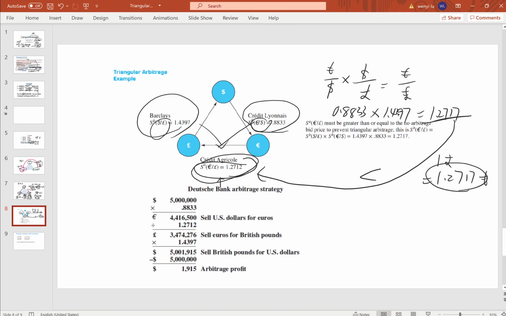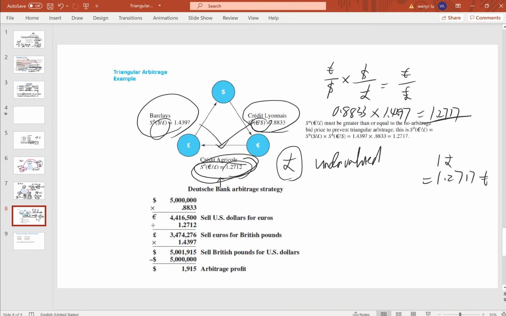What does that mean? It means our pound is undervalued. If it's fairly valued, it should have 1.2717 euros, but here it is less. So our pound is undervalued. Which one is overvalued? Accordingly, one is undervalued, the other should be overvalued. Euro is what? Overvalued.